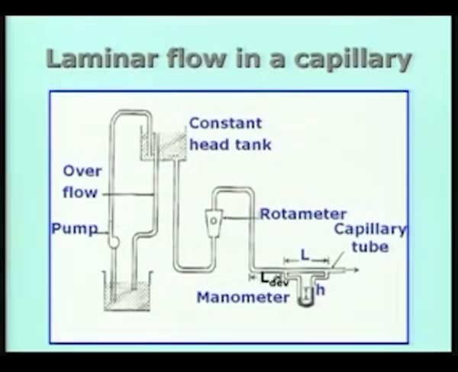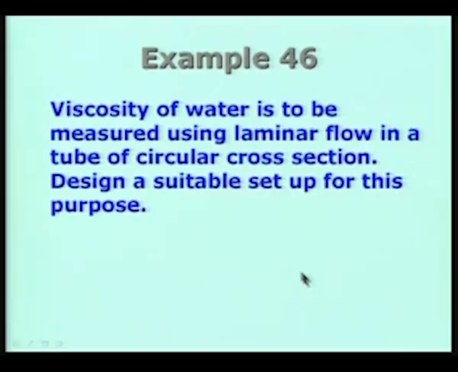Let us take a simple example, and through this example I am going to indicate how one goes about making the measurement of viscosity using flow through a capillary tube. So example 46 looks at the viscosity of water to be measured using laminar flow in a tube of circular cross section.